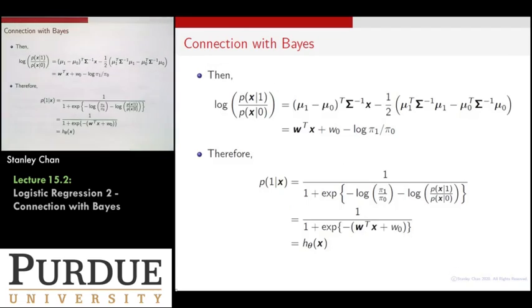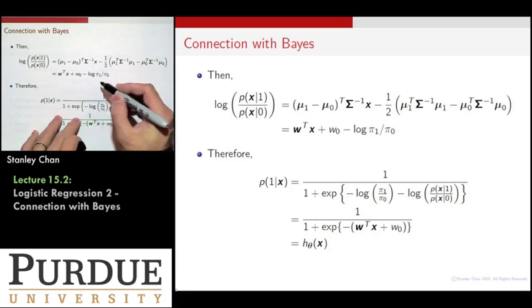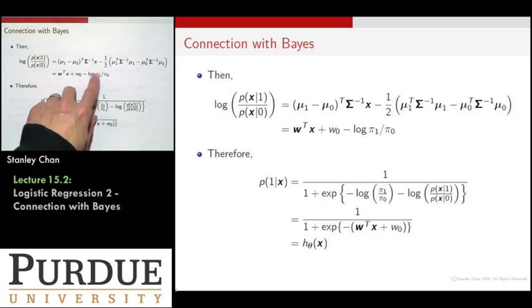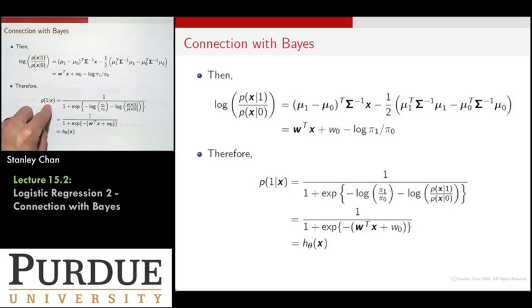So now you look at this log of the likelihood ratio, and it can be written as this W transpose X plus W0. Because this is the log of the likelihood ratio, you should have this log of pi 1 and pi 0 there, and then eventually you can show that this posterior probability is given by 1 divided by 1 plus exponential of minus W transpose X plus W0.